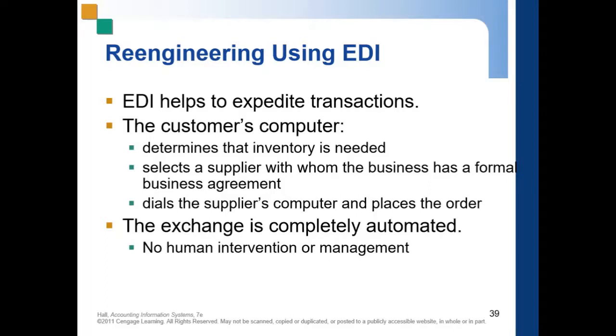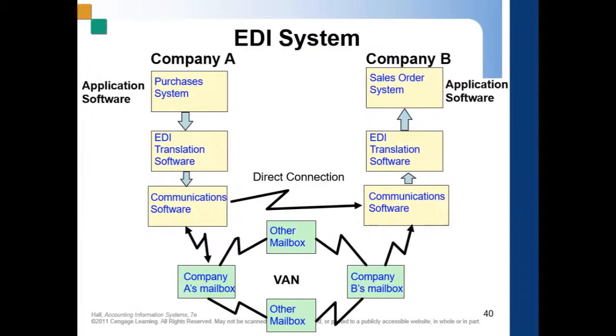So the customer's computer is directly connected to the seller's computer via telephone line. When the customer's computer detects the need to order inventory, it automatically transmits an order to the seller. So the exchange is completely automated and there is no human intervention or management.